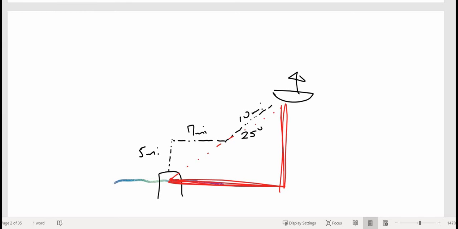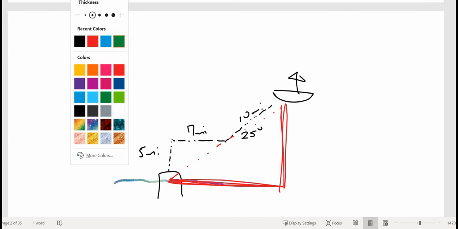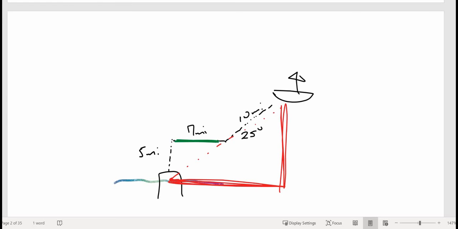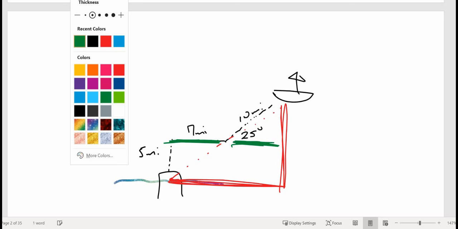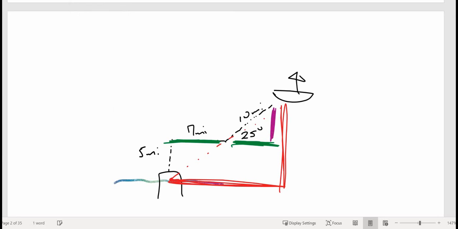Well, if I carefully kind of consider what's going on here, and I just think about the how far overs, all right, and the how far ups, I've got two right triangles, right?